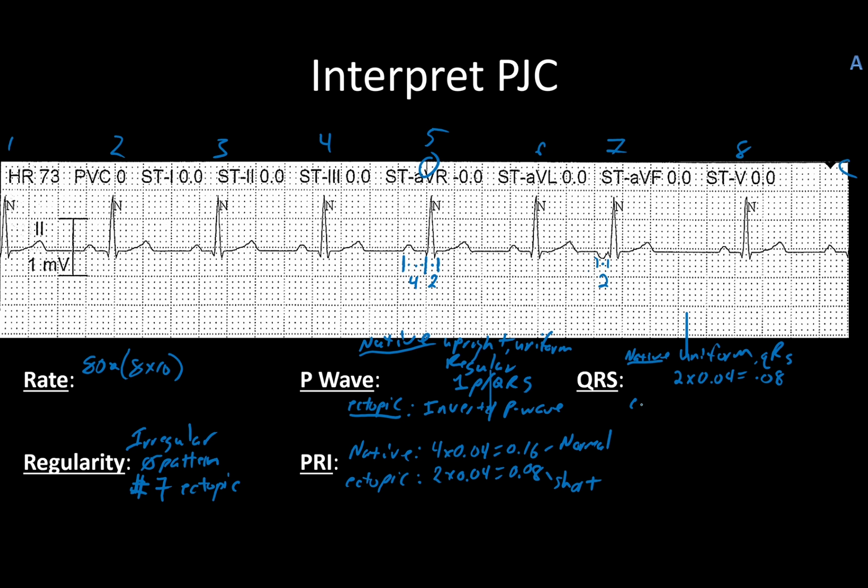And for our ectopic, we will say from here to here, 1, 2. So both of those are normal.